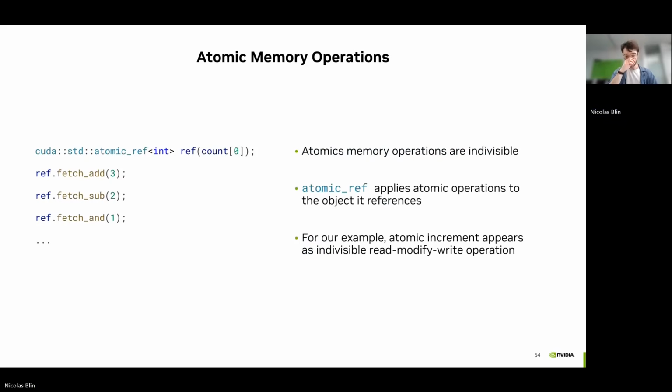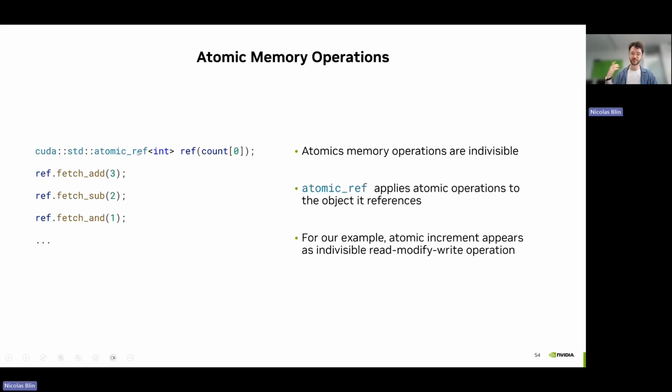We're lucky because CUDA also provides atomics through what we call cuda::std::atomic_ref, which lets you treat any existing memory location as an atomic variable. So you take any currently available memory location and you can view it as an atomic reference. Here we create an atomic reference to count0 in this example by just wrapping count0 into an atomic_ref.